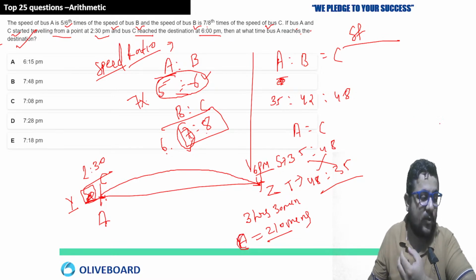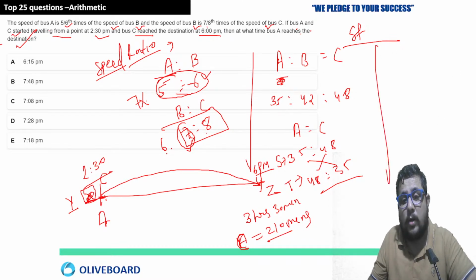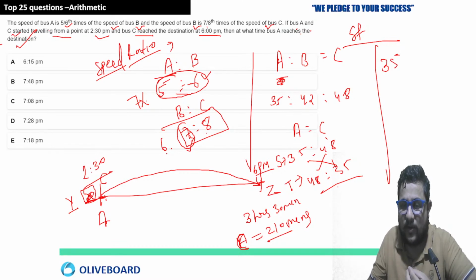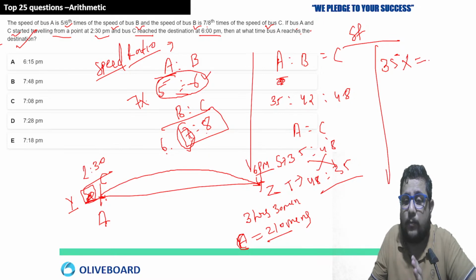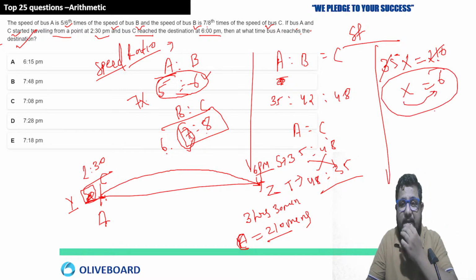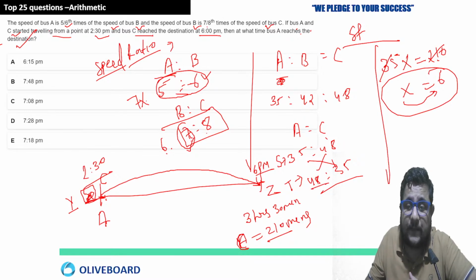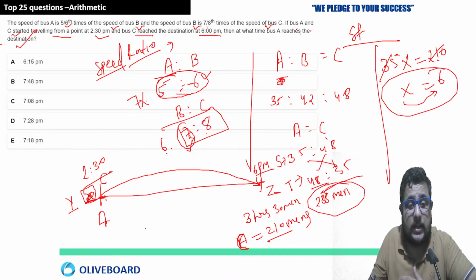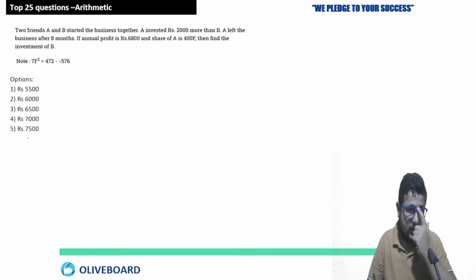So we know about C: 35x from the time ratio. 35x equal to 210, so x is going to be 6. If x is 6, 48 multiplied by 6 is 288 minutes, which means 4 hours 48 minutes. From 2:30, if you count 4.5 hours, that is 7 p.m., then 18 minutes more, so 7:18 is going to be the answer. Very good.